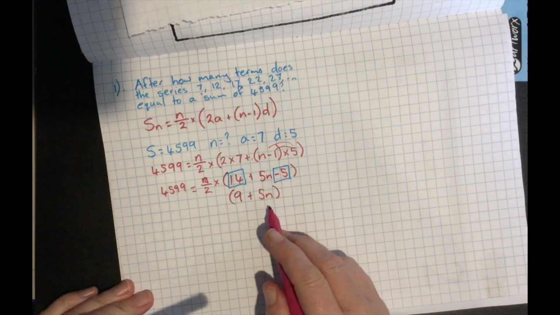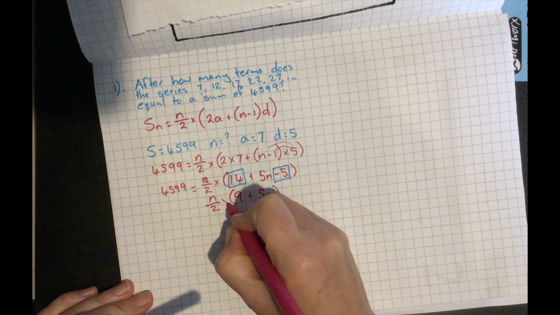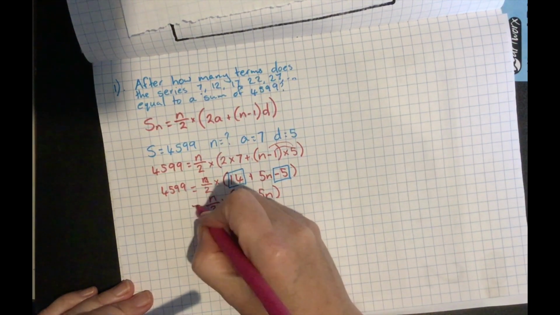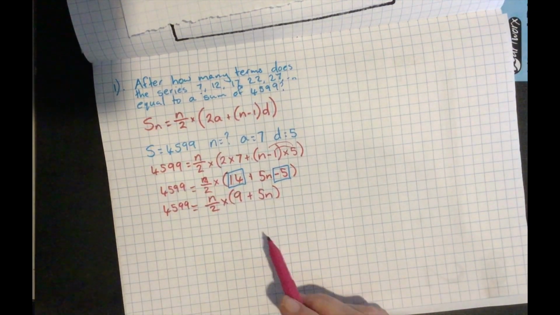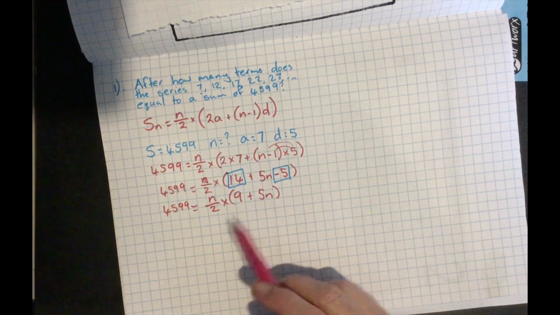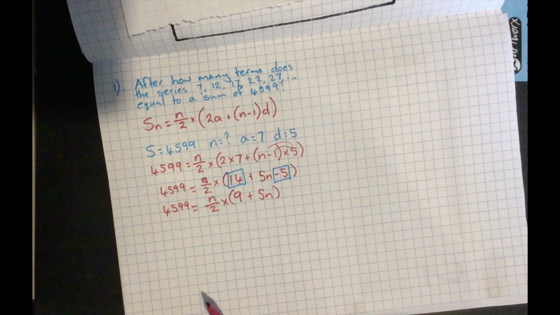That is still in a bracket, and we've got n divided by 2 times that. Remember, the name of the game is to get n by itself, but we haven't fully tidied up this equation. So let's apply the algebra that we know.